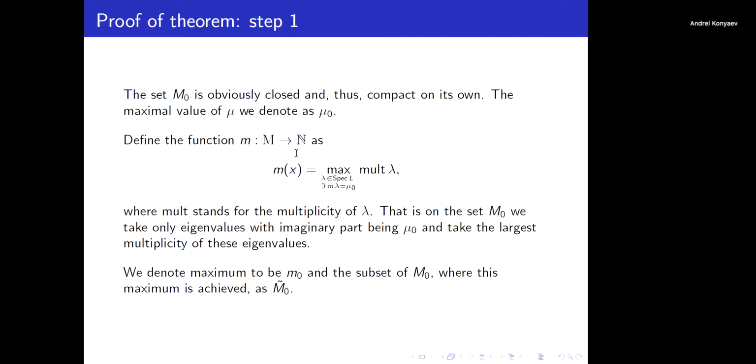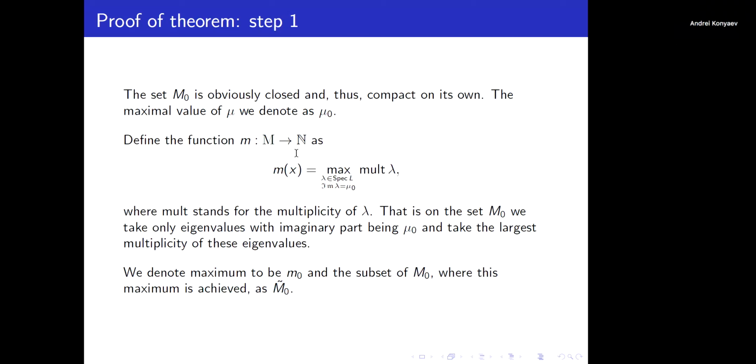After we have constructed M0, we construct another function, which is mult, where mult stands for multiplicity. What we do is we take this M0, right? And we go over the elements of the spectrum. If there are elements with imaginary part mu0, then we take the multiplicity of these eigenvalues.